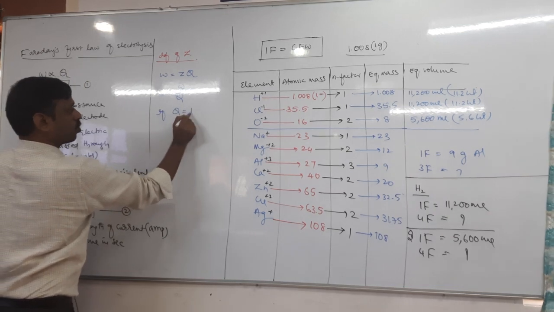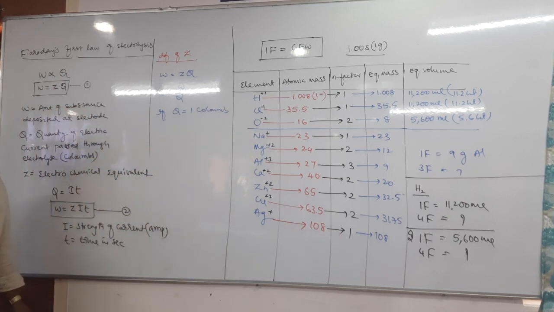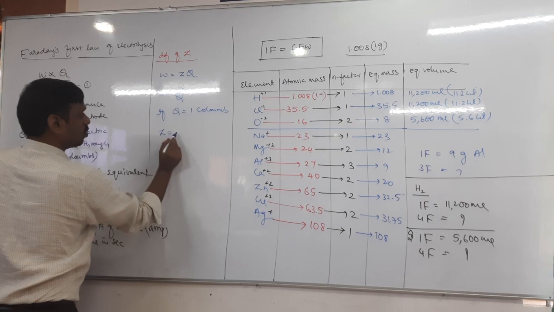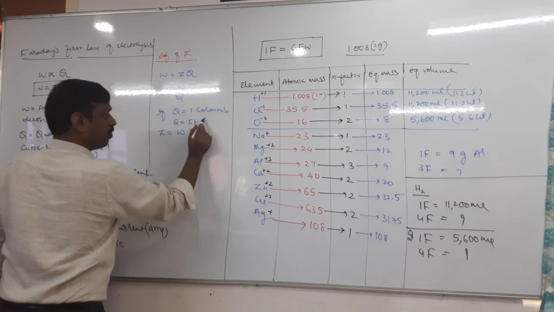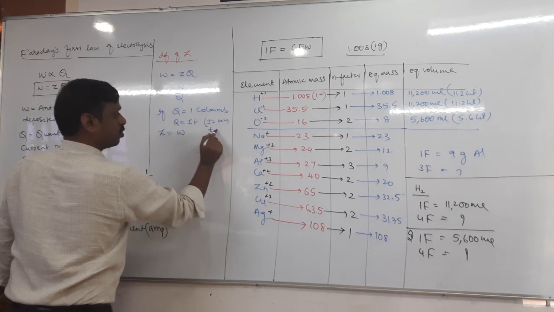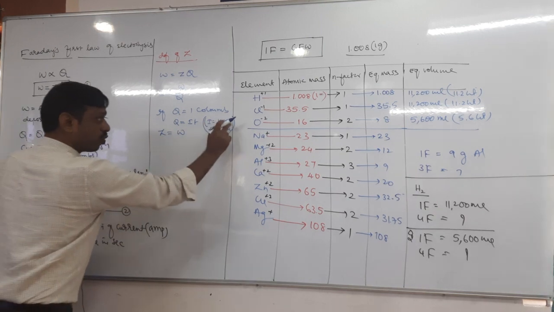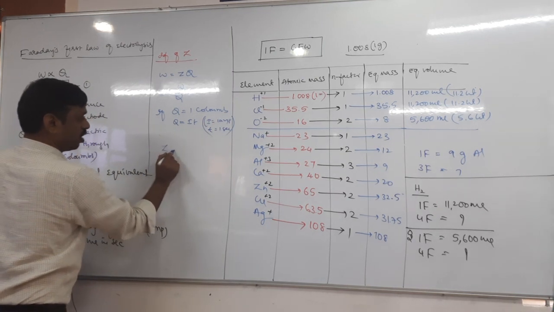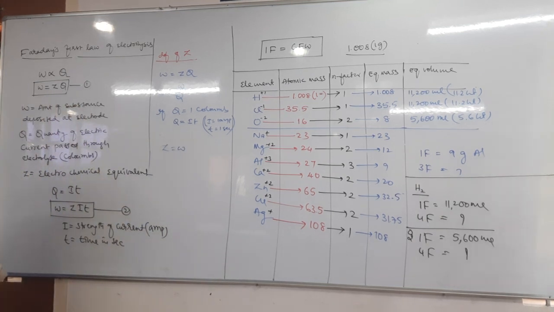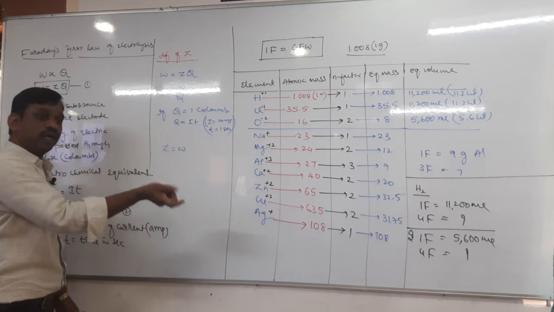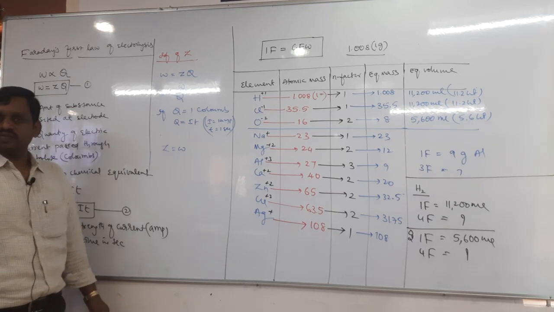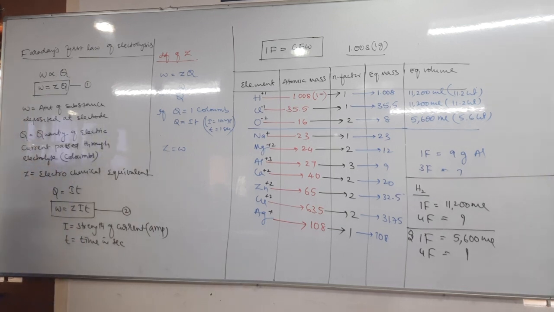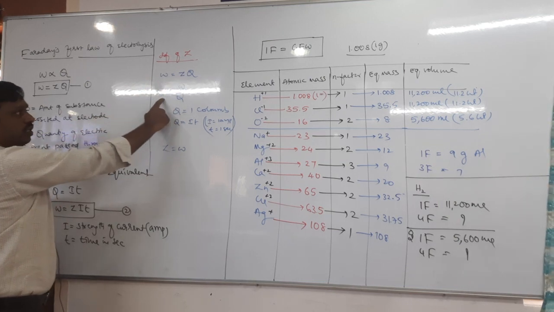If Q equal to 1 coulomb, and Q equal to I into T, so I equal to 1 ampere and T equal to 1 second, then Z equal to W. Electrochemical equivalent is defined as the amount of the substance deposited at the electrode when 1 ampere current is passed for 1 second, nothing but when 1 coulomb of electric current is passed. Take asterisk: W equal to Z into Q, Z equal to W by Q.